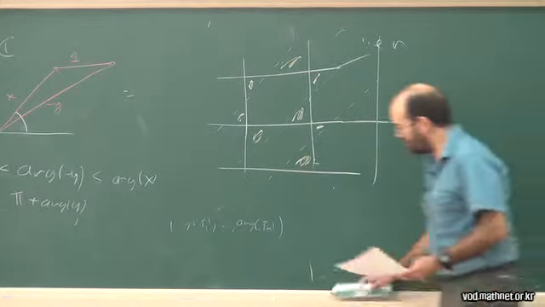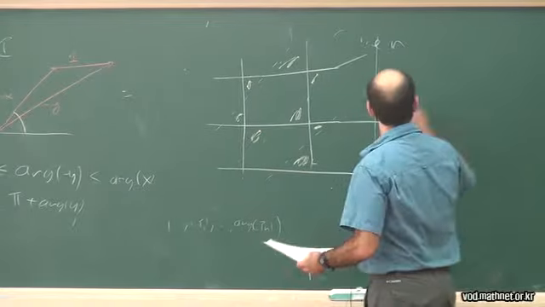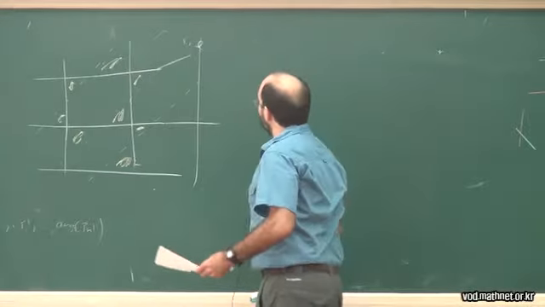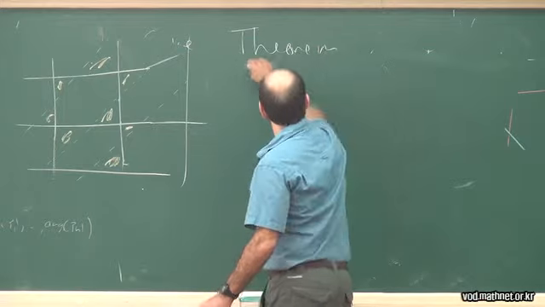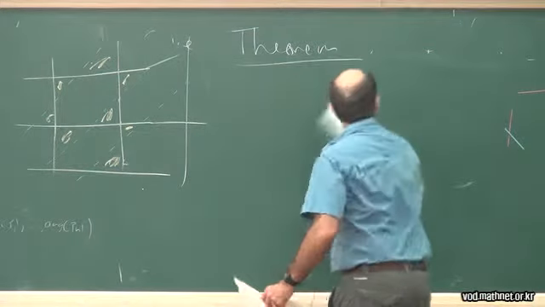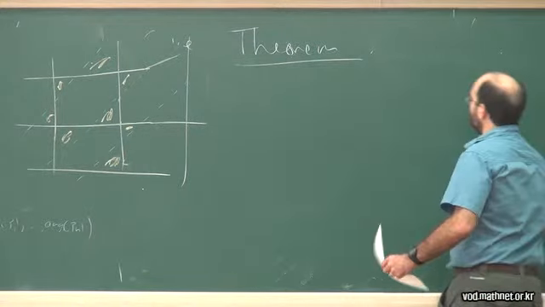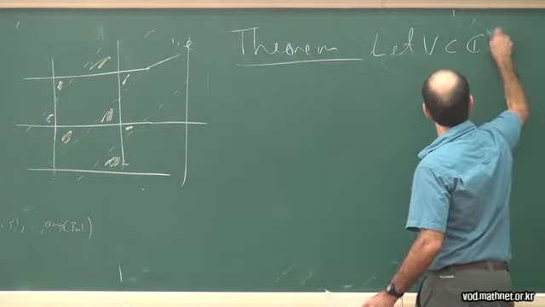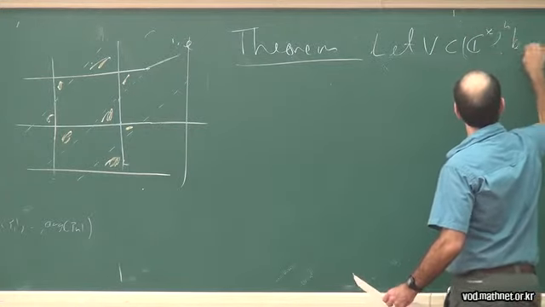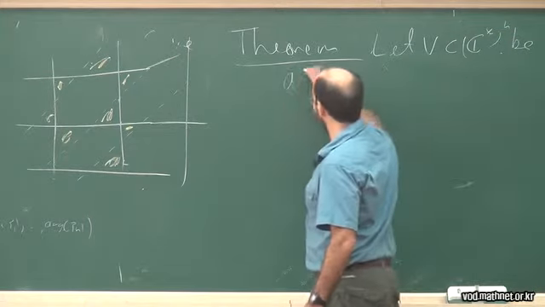Okay, so in fact that's a theorem. In fact, it's 2 theorems that I'll state as one. The following theorem. Let V contained in C star to the n be a hypersurface.